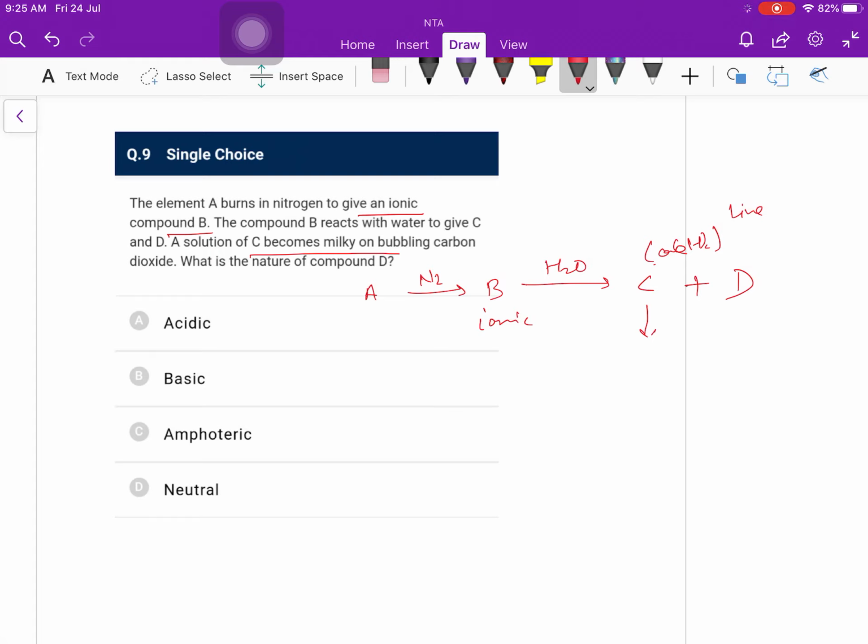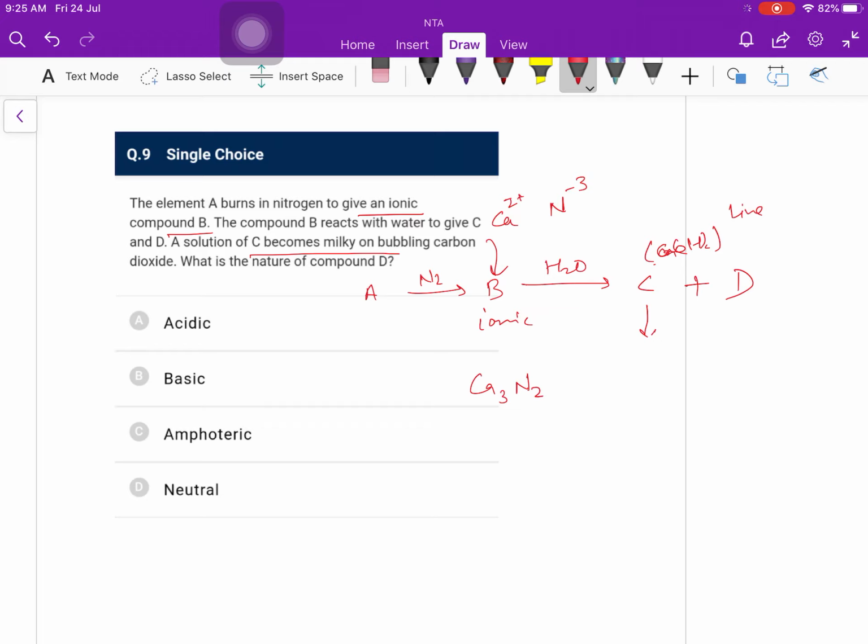Also B must contain nitrogen, because A has reacted in the presence of nitrogen. So B is an ionic compound and it contains calcium, so we can suspect it as a compound made of calcium and nitrogen. Ca 2+ and N 3-, so it becomes Ca3N2.